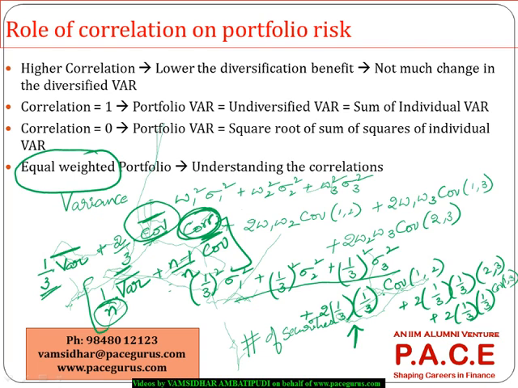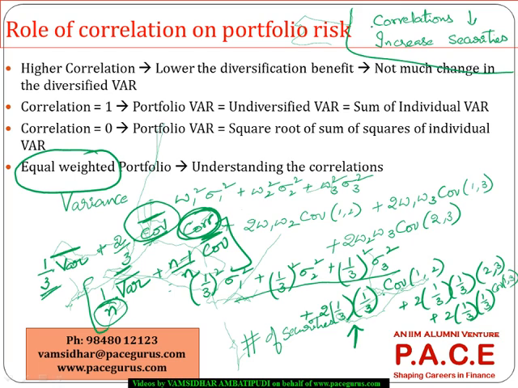So two things for reducing the portfolio VAR: first, increase the number of securities, and second, identify the securities where the correlations between them are much smaller.